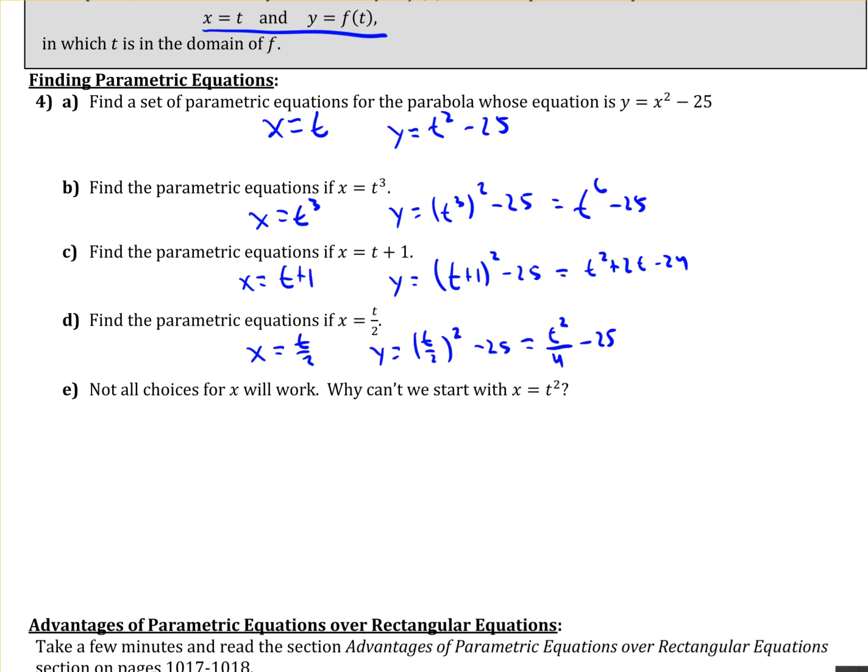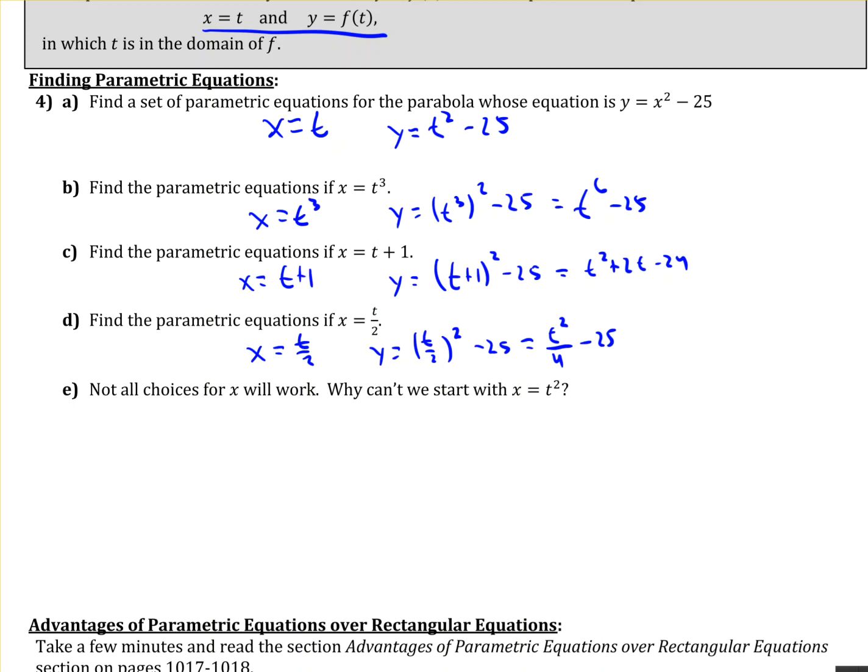Why can't we start with x equals t squared? What's the difference between all the ones we've done and x equals t squared? In the other cases, x can be positive or negative. If I do x equals t squared, then x will only be positive.